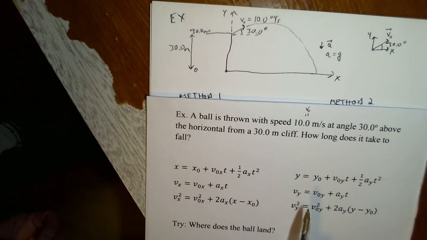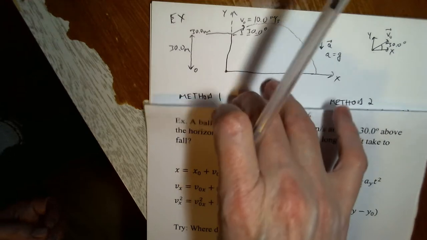And then I can use the second equation to solve for t. The reason I can do that is that I'll know all of the variables in each of the equations except the thing I'm solving for. Vy from the third equation and then t from the second. So let me show you how that works.